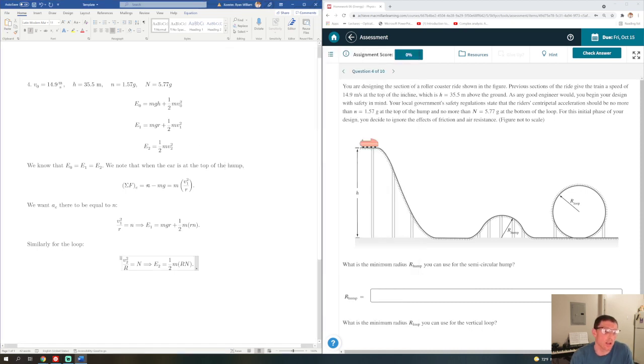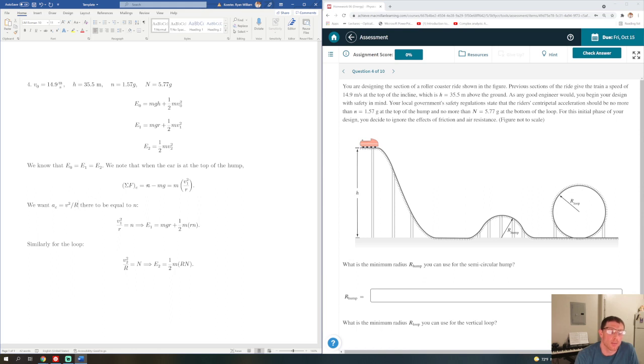Let's see here. So why is v squared over r equal to n again? Because circular motion, right? Remember that the condition for circular motion is that the centripetal acceleration is given in general by v squared over r, right?